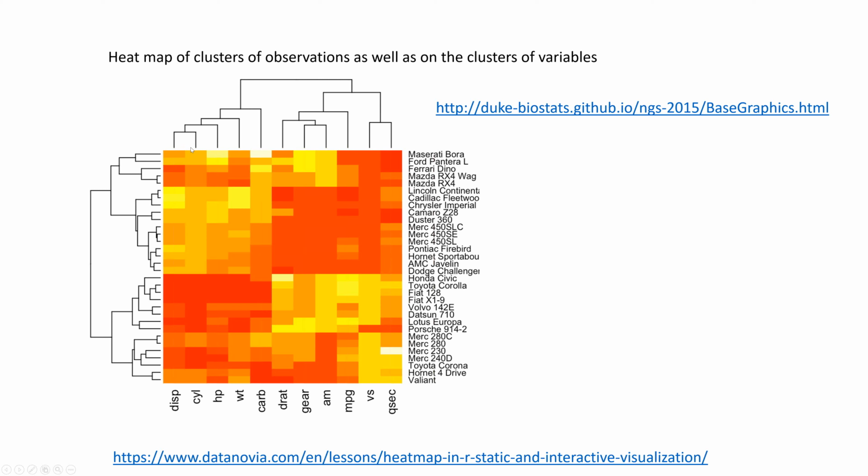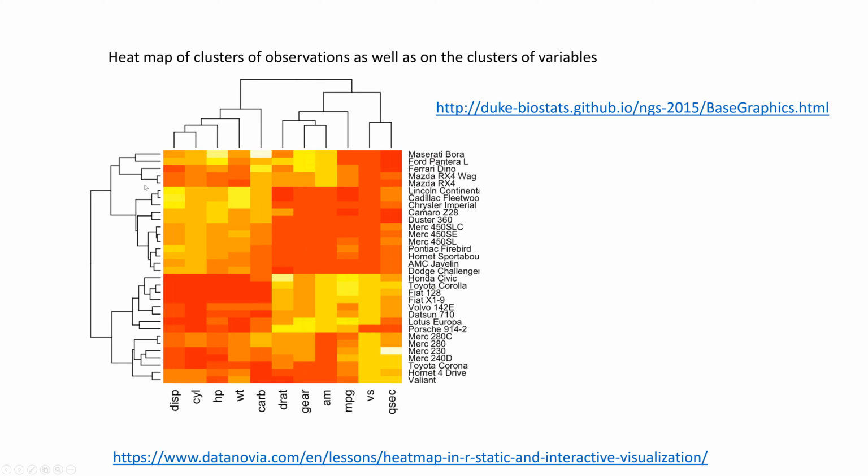These three variables. Then comes this: gear and AM come together, and this is a little above this one. Then these two come together. Hierarchically, they are all coming together as groups.